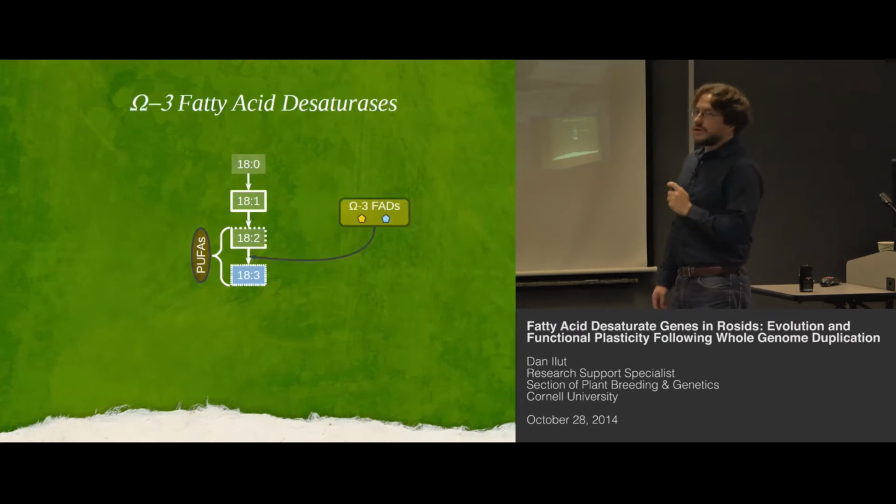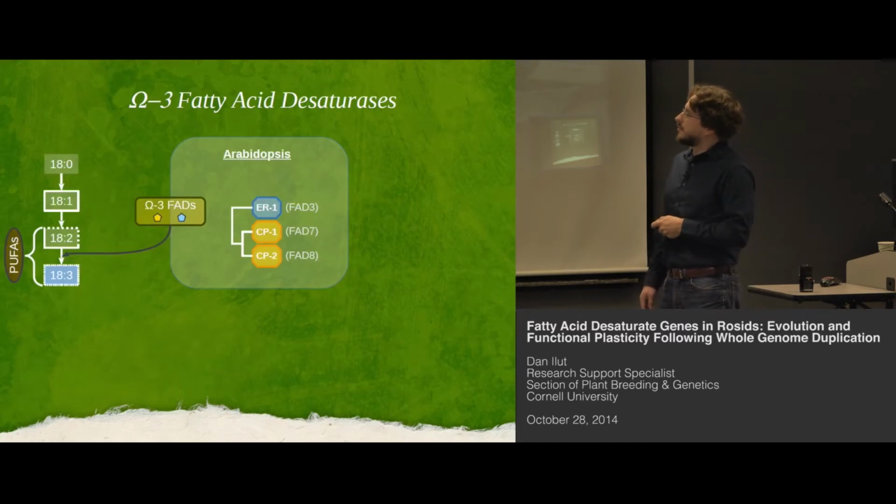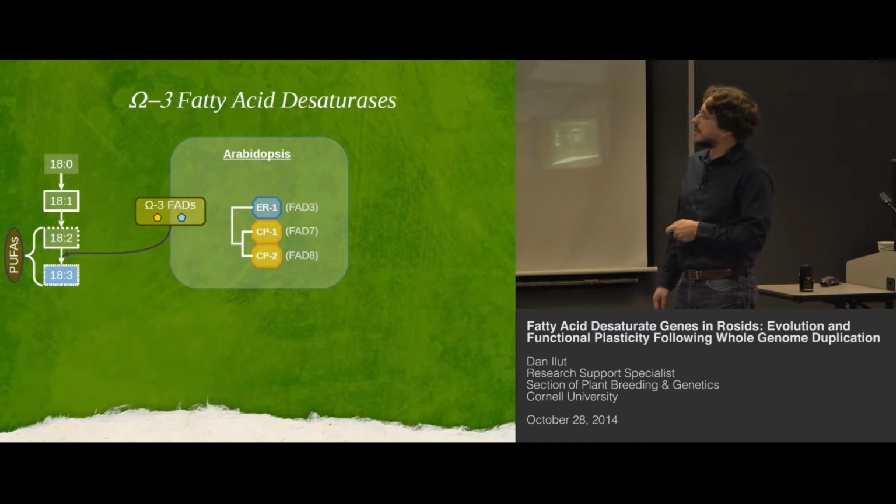So the focus of the talk today will be on the omega-3 fatty acid desaturases, specifically the genes that encode these enzymes at this point in the pathway. And they've been characterized in Arabidopsis as 3 genes. FAT3, FAT7, and FAT8 are the names in Arabidopsis.